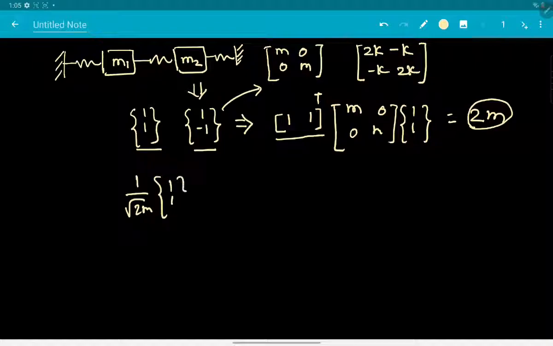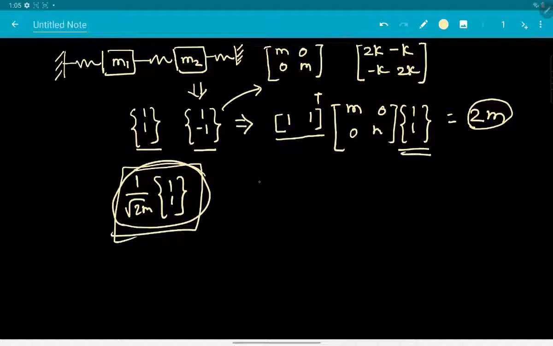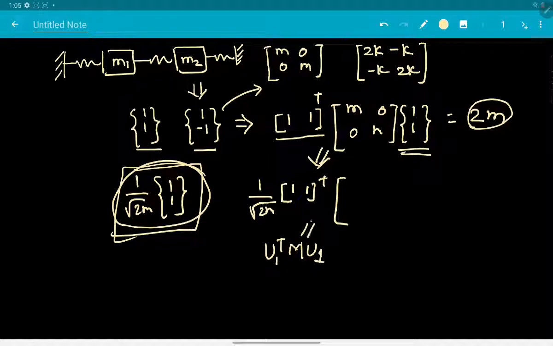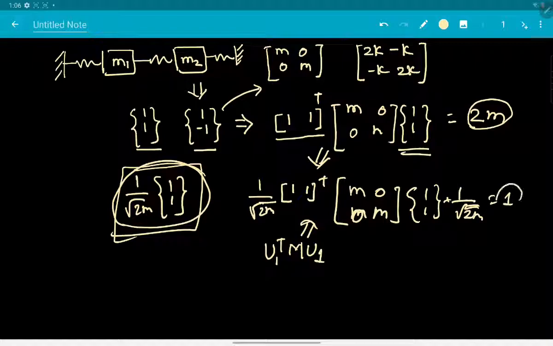Rather than taking 1 1 as the mode shape, if you take 1 over square root of 2m into 1 1, then u1 transpose m u1 is what we are finding out, and it comes out to be equal to 1. So this is the mass normalized mode shape, that is, the modal mass comes out to be equal to unity.